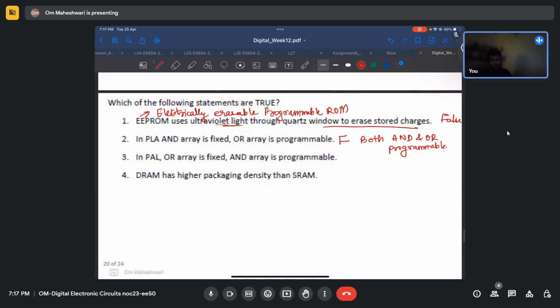And DRAM has higher package density than SRAM, that is true, because in DRAM we just have one transistor and one capacitor. In SRAM, we have 6 transistors. So obviously DRAM is smaller, so it has higher packaging density.